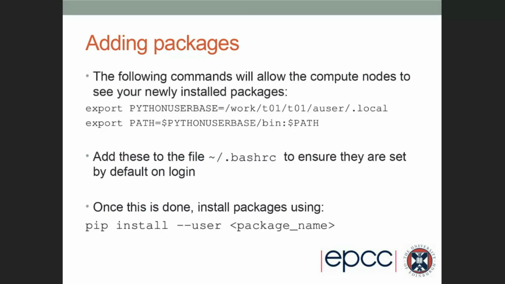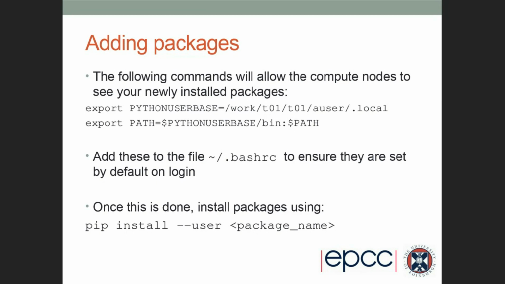So in order to make sure that they can be seen properly on the compute nodes, you need to change the variable PYTHONUSERBASE, and you need to point that to somewhere in your user directory in /work. In this example, t01 would be whatever your project code is, and then auser should be your username.